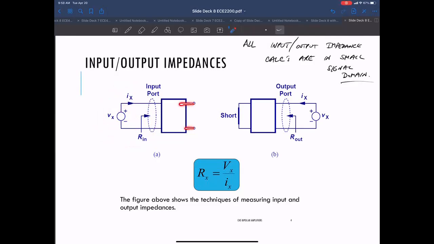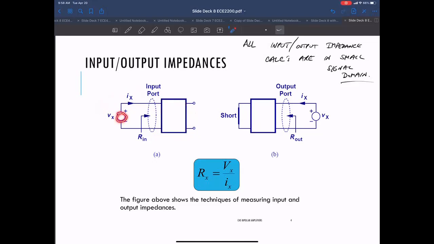You would leave the output floating. You wouldn't drive anything on the output. And then you would put a wiggle, some kind of an input here on V sub X, and you'd measure the current going into your device, whatever that device is. This could be a really complex device, or it could be our simple single transistor amplifier. Whatever it is, it's the same. This is just like a black box.